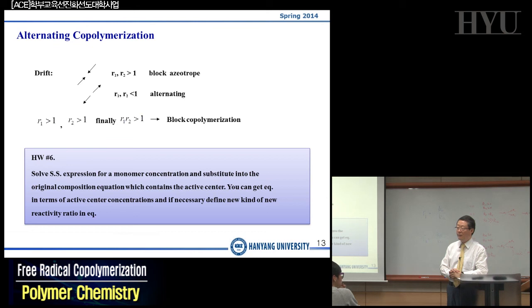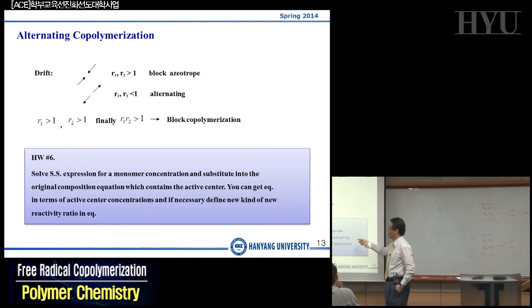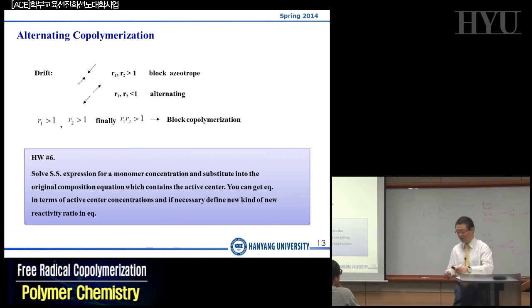Okay, please do the homework. Please obtain it by assuming that you apply the steady state assumption to monomer concentration rather than radical concentrations, so that you substitute the original composition equations with this active center rather than monomer concentrations.